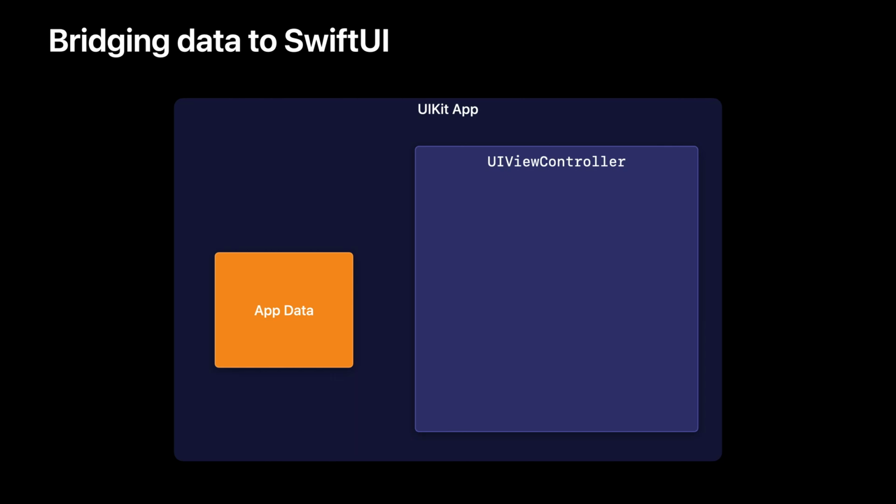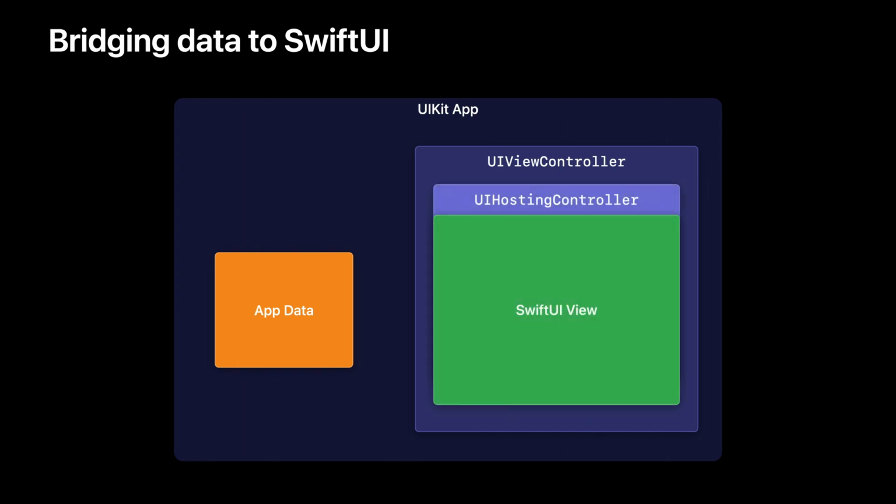Your app also contains a number of view controllers. If you want to start using SwiftUI, you'll need a hosting controller with a SwiftUI view inside of one of the view controllers. You'll want to populate this SwiftUI view with data that is still owned by your existing model layer. In this section, we're going to focus on how to bridge data across the boundary between UIKit and SwiftUI.